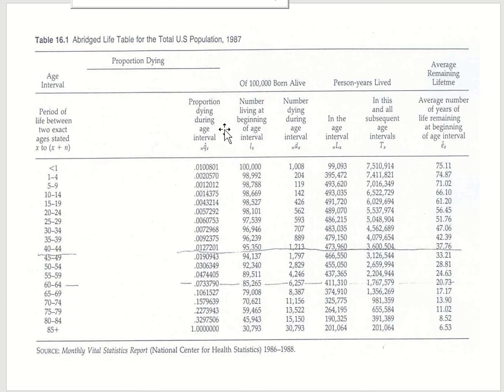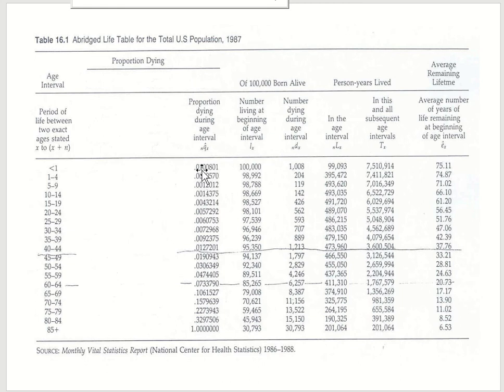The second thing that you need, which is very important, is you need the age-specific death rate for every age category for that population in that year. Okay, so here we're looking at the US in 1987. We have these age categories over there, and what you're seeing here, the 0.01, so that's about 1%, is the age-specific death rate for those below the age of 1 in the US.